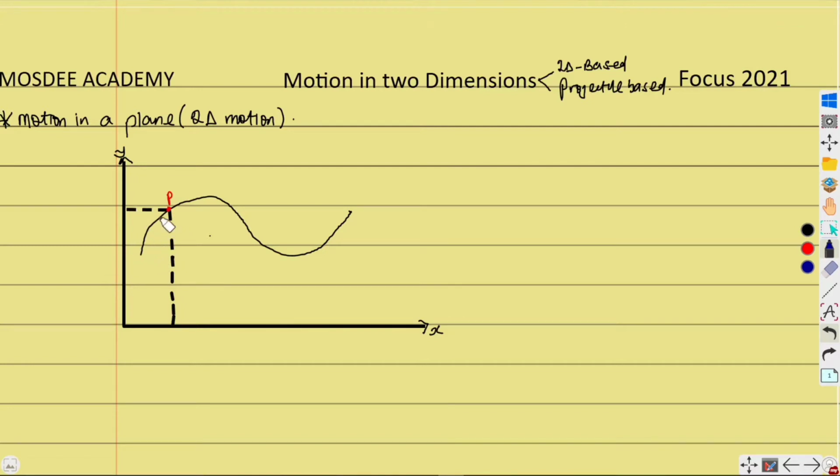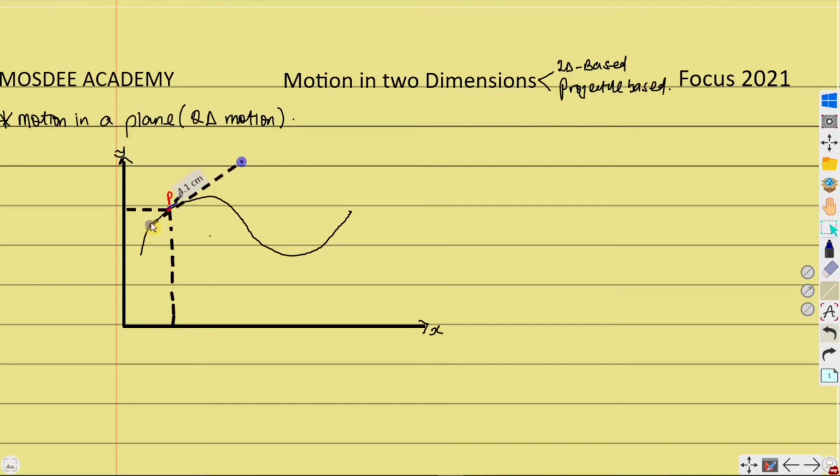Now if this body is moving with a velocity which is tangential to the path of the motion, we can quickly analyze the tangent of the velocity and classify the velocity movement of the particle P. At this point, let's say the velocity of the body is moving tangentially to this.